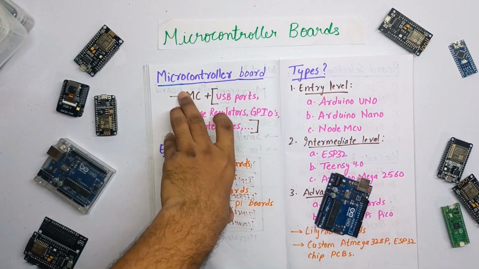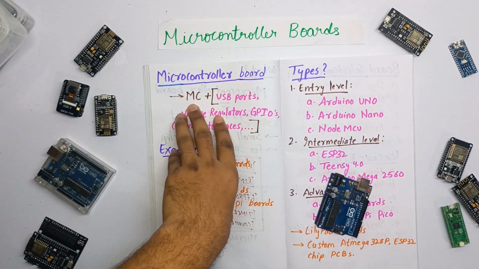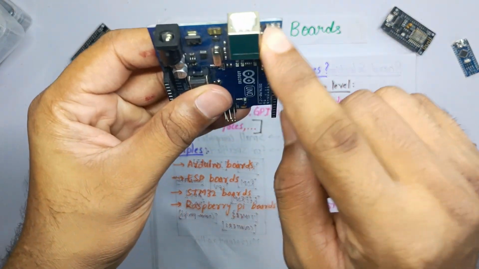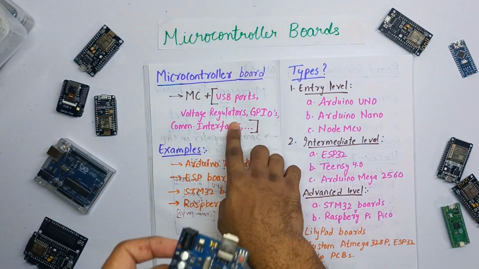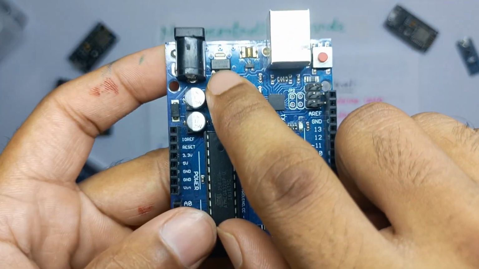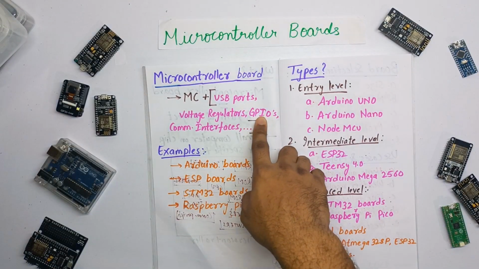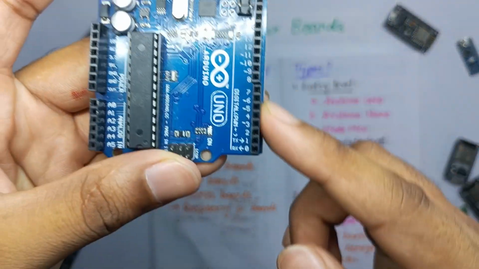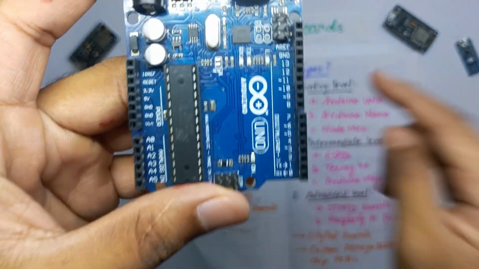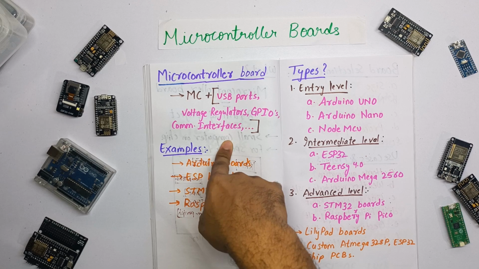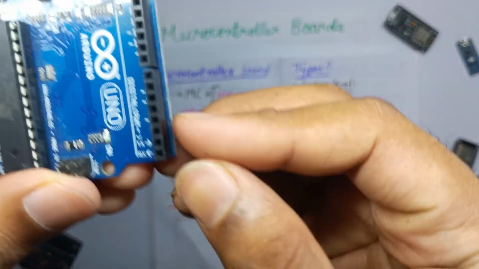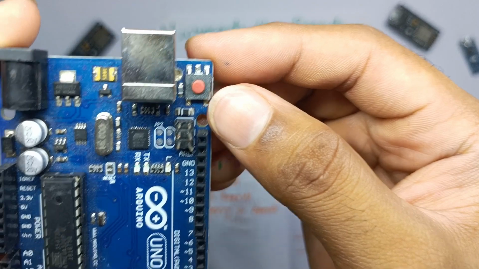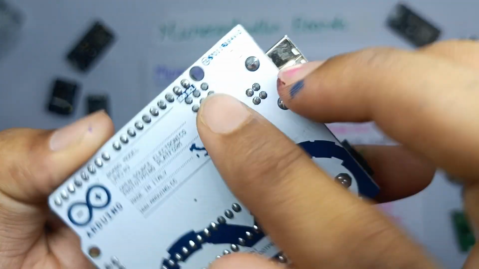A microcontroller board is nothing but a microcontroller along with USB ports. This is a USB port. Voltage regulators. This is a voltage regulator. GPIOs, that means general purpose input output. These are all the general purpose input output pins. Communication interfaces, like the receiver and transmitter, which is the UART protocol. It also has serial data and serial clock.